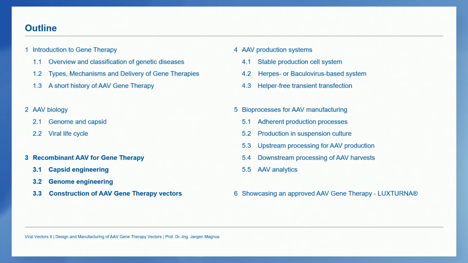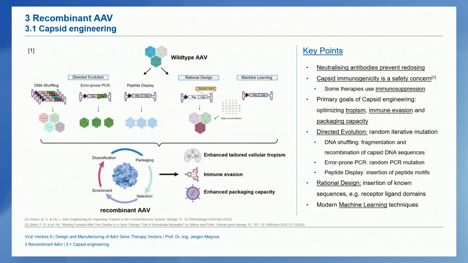Now we will look more into how to optimize the characteristics of the AAVs using recombinant DNA technology, starting with capsid engineering. The capsid is very important in at least 3 aspects.